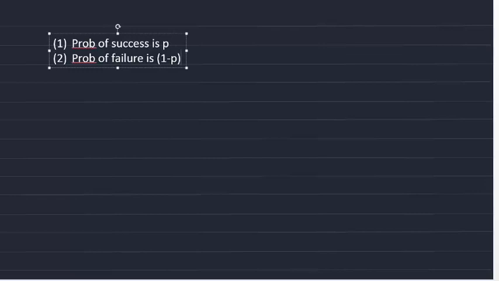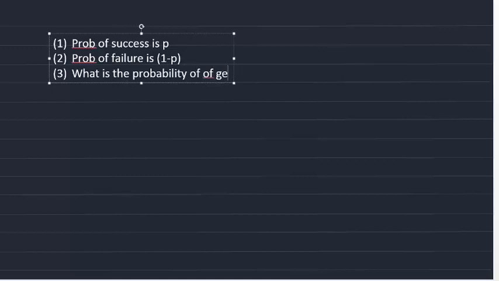So if we know that, what is the probability of getting n successive failures?